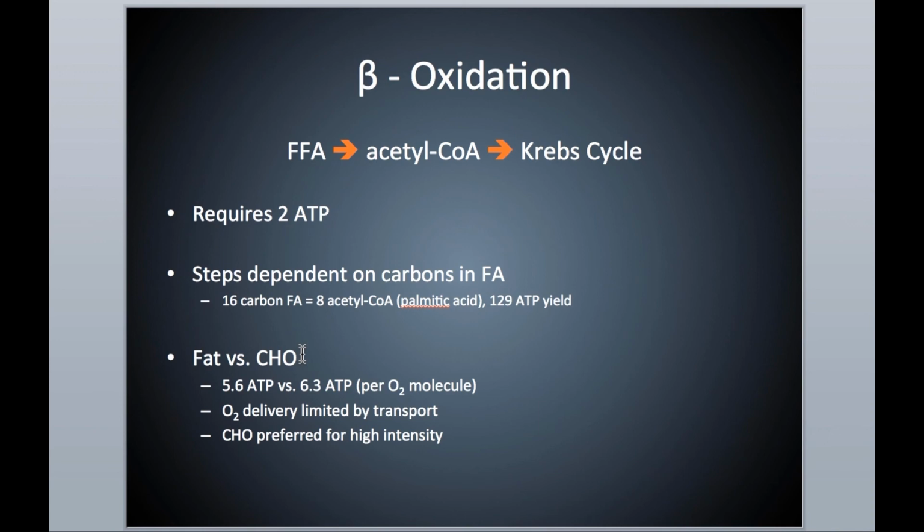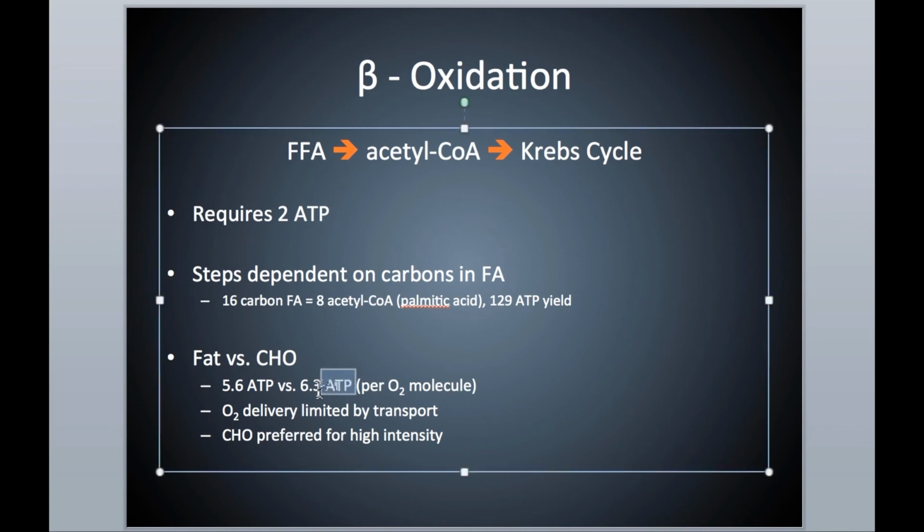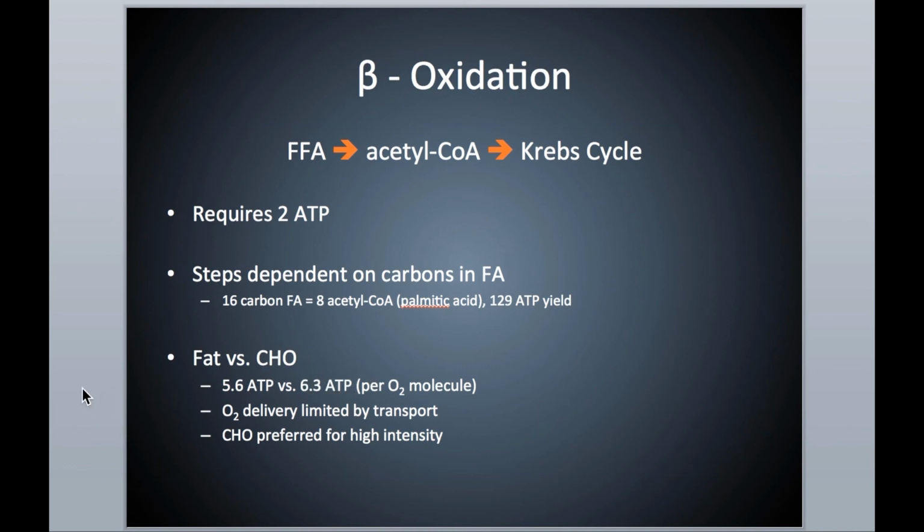Another way of saying that is that it takes less oxygen to get as much ATP out of carbohydrates versus fats. Or if you want to look at it another way, it takes more oxygen to get the same amount of ATP out of fat as it does carbohydrates, excuse me. So carbohydrates are more efficient at providing energy.